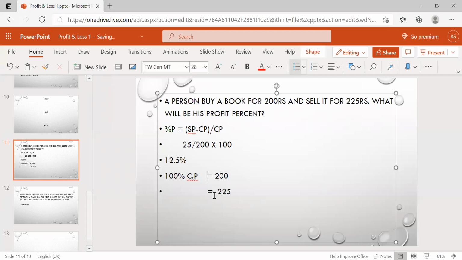Now just check here. I have cost price and I have selling price. The cost price is nothing but 100%. And what is the selling price percent? If you are finding this out, then we can get the answer by using that formula. Just cross multiplication. Do the cross multiplication.